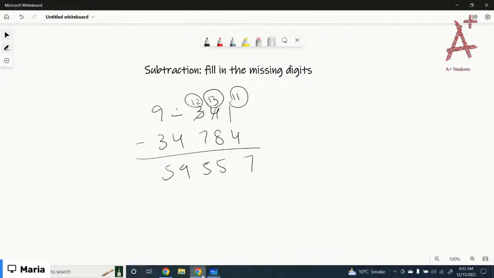Now you are given two options. The options are 8 or 4. Got it? Let's suppose you have the number 8 here and you borrow 1 from the 8, you are left with 7. But here you have 9. 7 subtract 4 is not 9. That means it must be 4. If you borrowed 1 from here, you are left with 3.